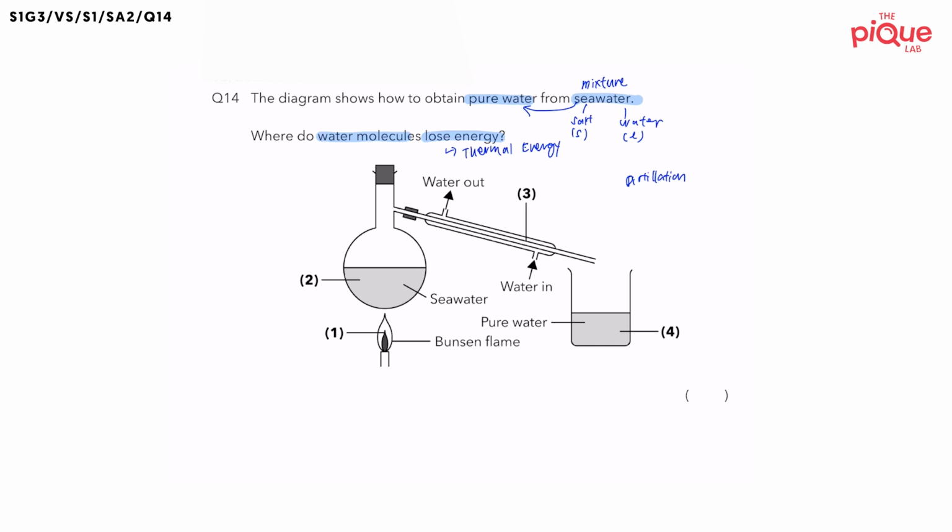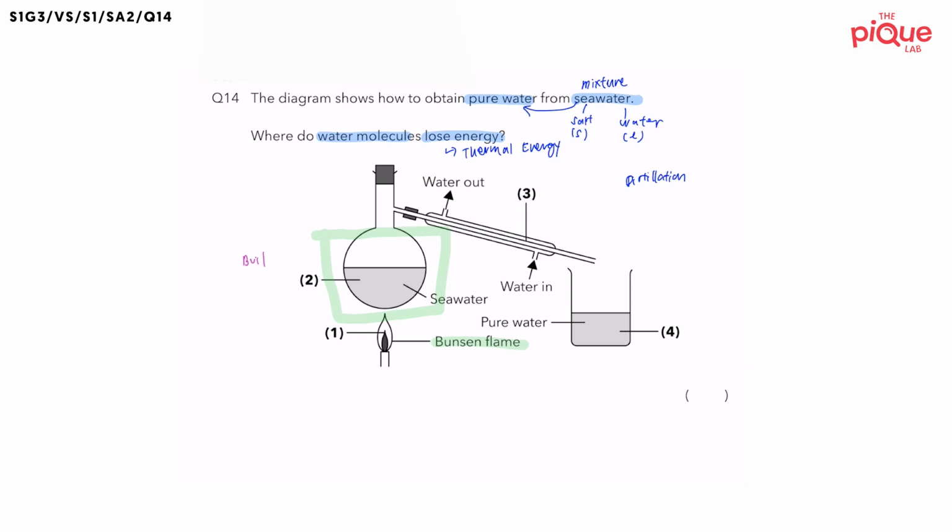Now let's take a look at what are some of the key processes that are taking place here. If we look at the Bunsen flame, we know that it is to provide heat to the seawater in the distillation flask in this area over here. Eventually, what is going to happen to the seawater? The seawater will boil. So boiling is the heat process that we are looking at within this green area. Now recall, what is the change in physical state that occurs during boiling?